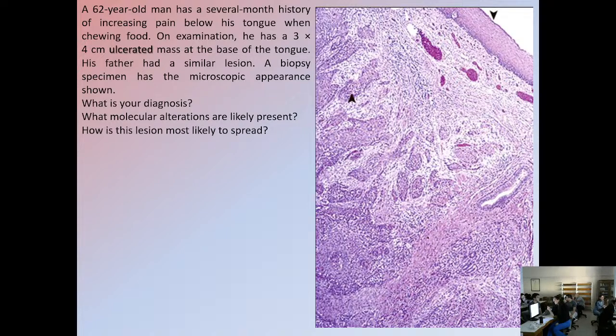And what is of interest? Have a look at the lining epithelium, and you can see the cancer invading in the stroma. Okay. What is of interest? Is there anything wrong with the lining epithelium? I'd say no. Because what could be wrong if you have a tumor-adjacent epithelium, an epithelium neighboring the invasive tumor?